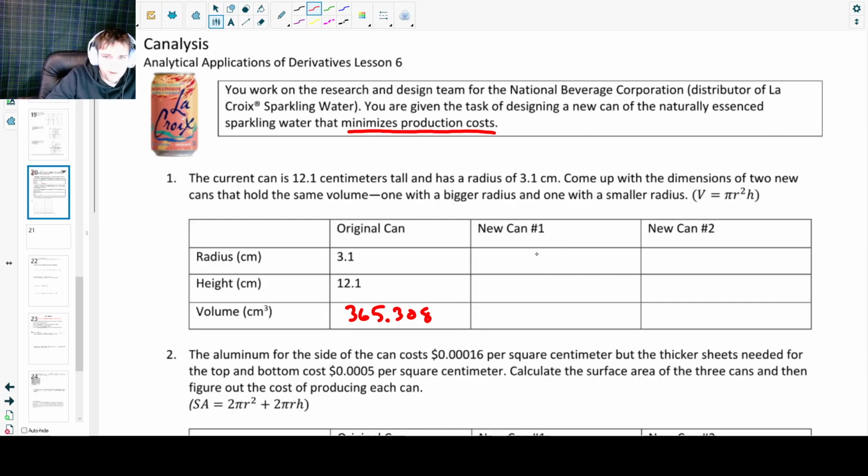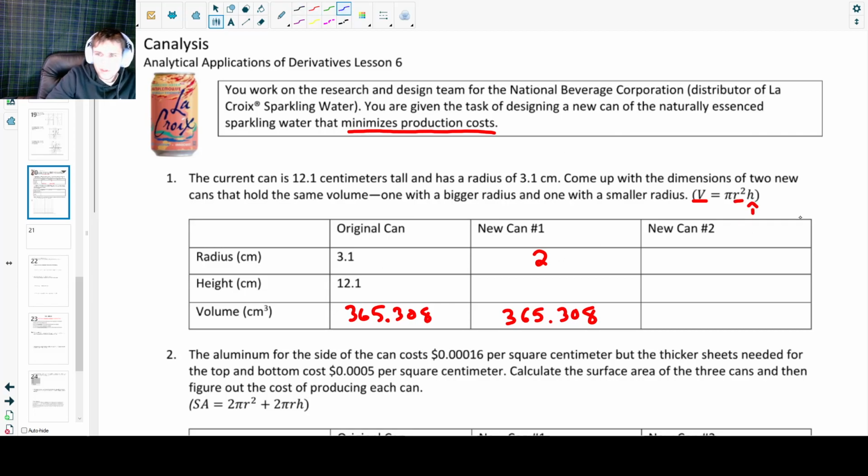Let's say we have our first can with our smaller radius. Let's have our first can have a radius of 2 centimeters. Keeping in mind, we're going to try to maintain that same volume here, right? So we need to figure out how tall it would be. In our volume equation, we know the volume, we know the radius, and we're going to be solving for height.